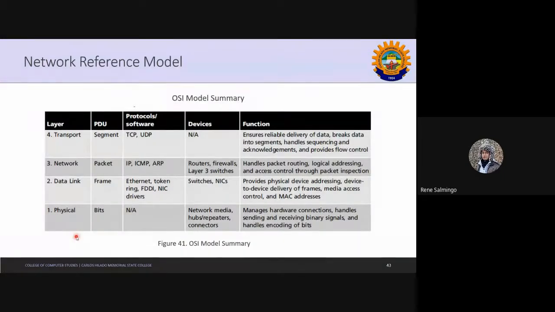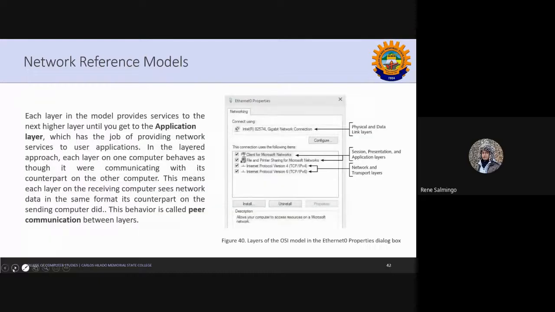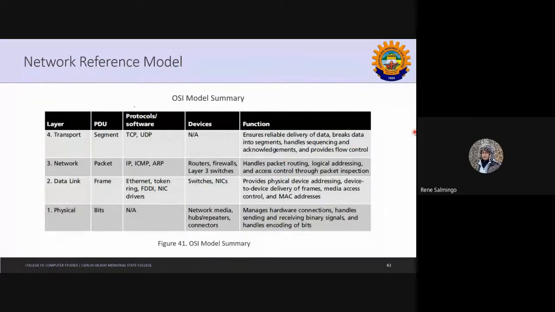Now for your transport model, these are the functions that you will have. It ensures reliable delivery of data, breaks the data into segments, handles sequencing and acknowledgement, and provides flow control. At first, you will receive your device in the physical layer, where you have the hardware connections, sending and receiving of binary signals, and handling of encoding of bits.